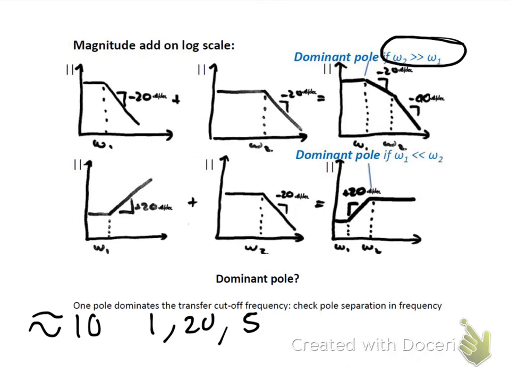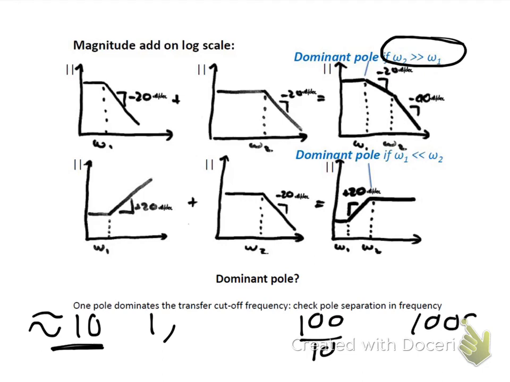When we say an order of magnitude, this value of 10, we're talking about 100 over 10, 1,000 over 10. So the ratio of the second pole to the first pole must be at least 10 for you to consider that pole to be a dominant pole. And that's basically dominant poles.